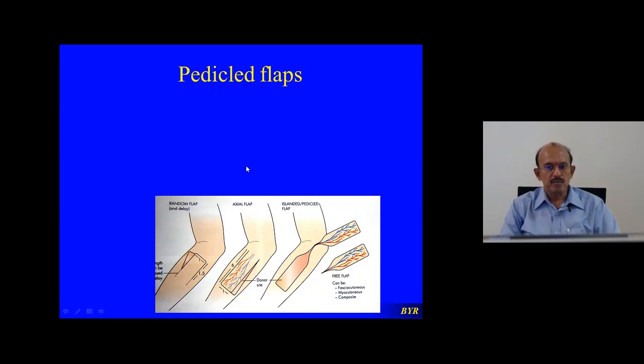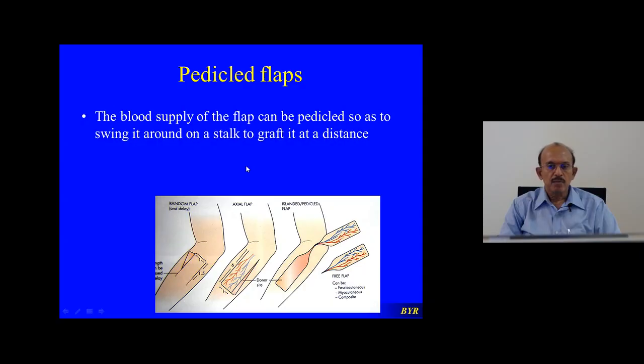Pedicled flaps. The blood supply of the flap can be pedicled so as to swing it around on a stalk to graft it at a distance. You can see here, this is axial pattern flap. You raise the flap and you place some other structure there and you can graft it here.